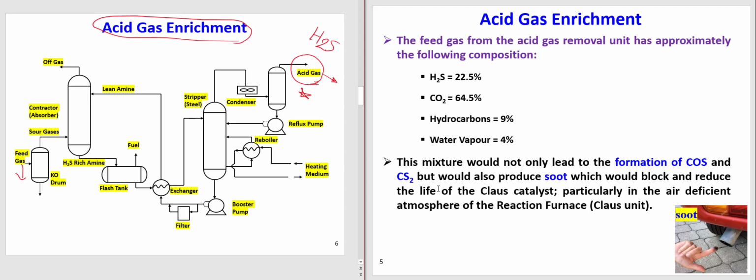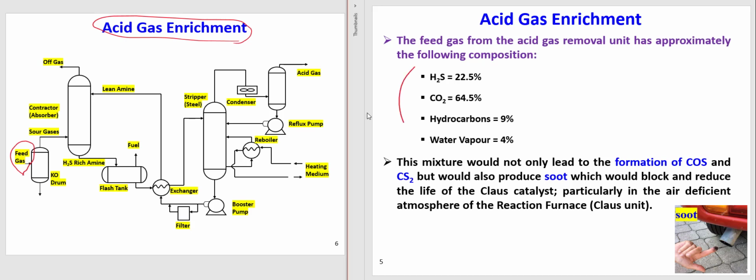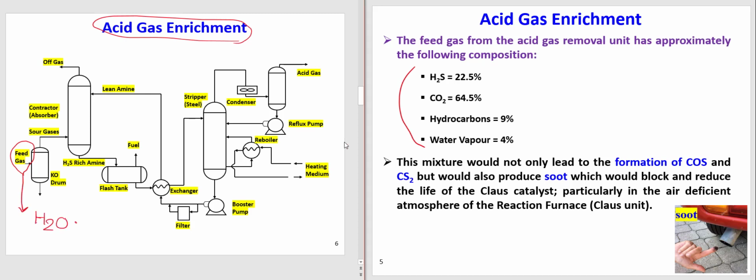The feed gas from the acid gas removal unit, this stream, has approximately the following properties. You have many components like H2S, CO2, some hydrocarbons, and water vapor.